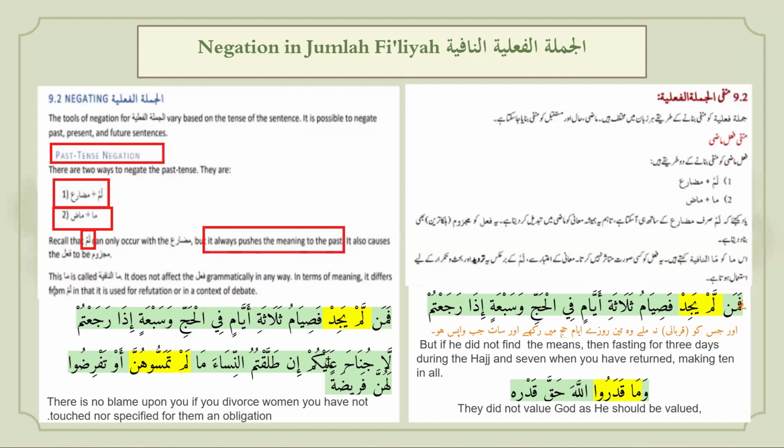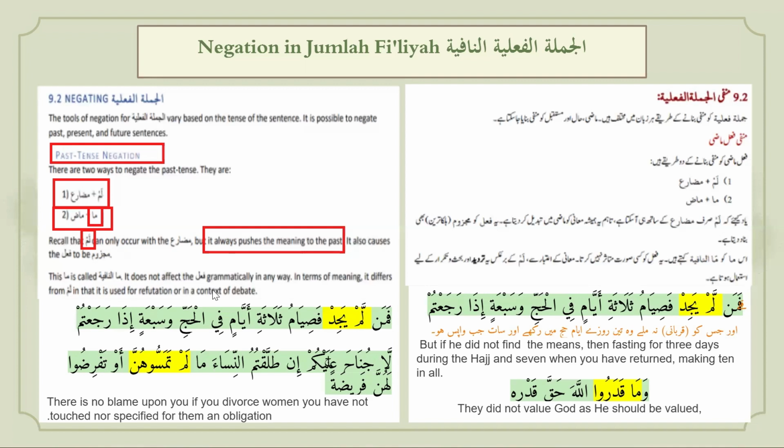And ma, which comes with fe'l madi, is the second way that you make jumla fe'liya negative. This ma is ma nafia, and it doesn't affect the fe'l grammatically. The fe'l madi is mabni, fixed; it doesn't have a light and lightest form.